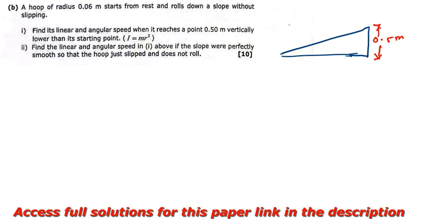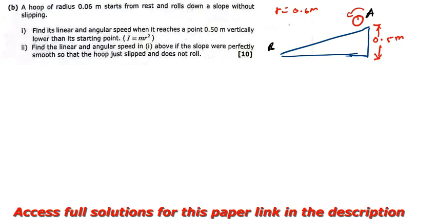Then the hoop is now rolling. As it is rolling, it has got the radius. We have been told that the radius is 0.06. So it is rolling until it reaches down. One thing we should know, guys, is that we have got 2 points here. We have got point A, where it started from, and point B, where it landed.